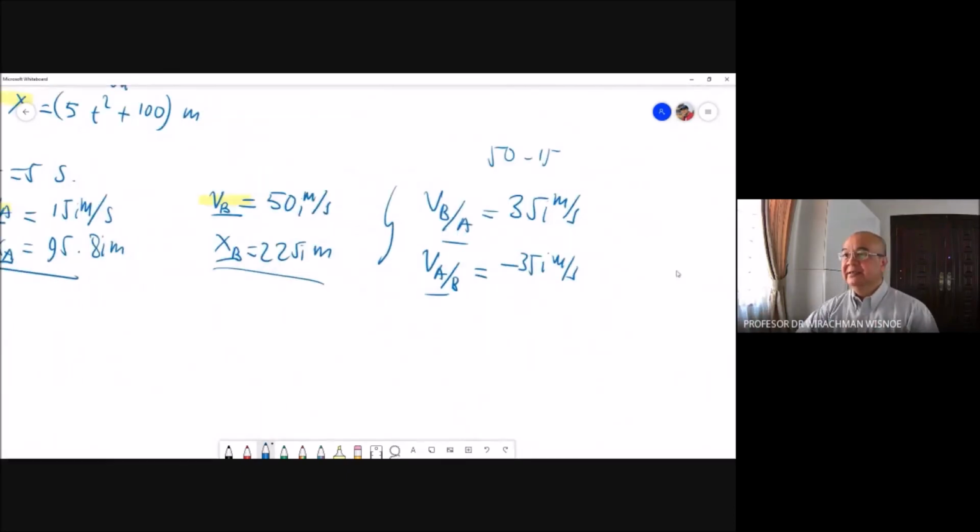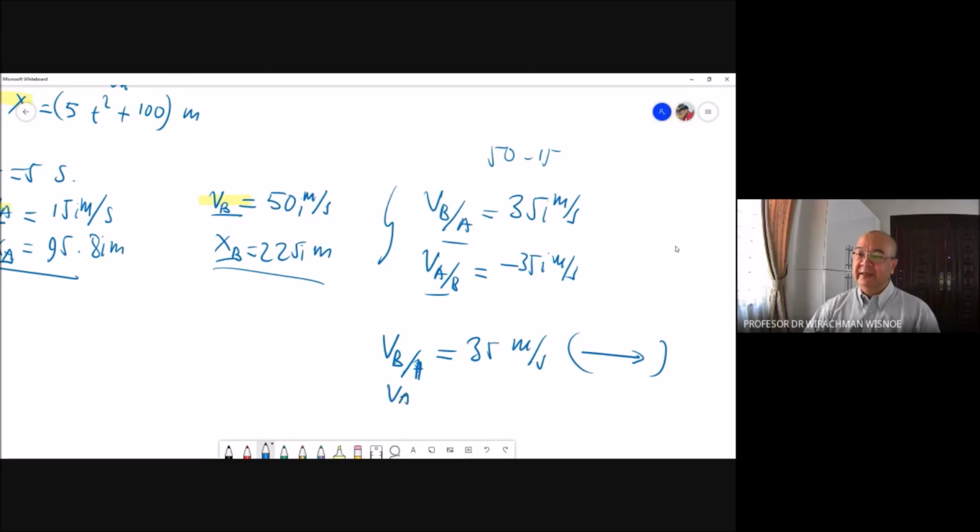You can also write VB relative to A is 35 meters per second directed to the right. And VA relative to B is negative 35 meters per second directed... sorry, no need to put negative, but you put the arrow to the left.